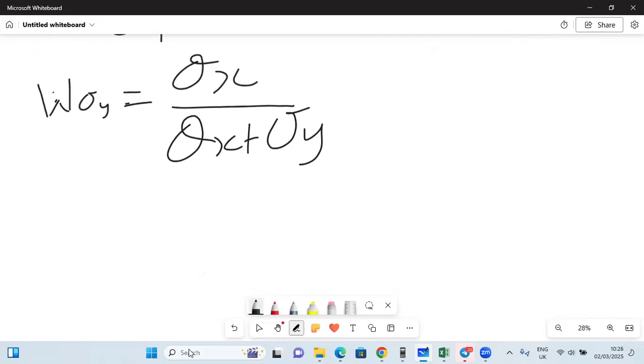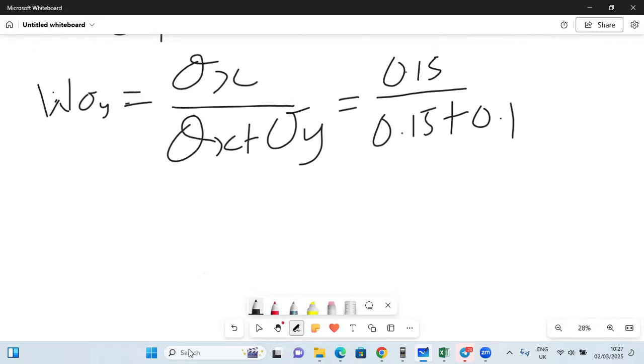So if you want to find y, you use x at the top, and if you want to find x, you use y at the top. Now the standard deviation, as we know, is 0.15 for x, and 0.15 plus the y, which is 0.1. So we are going to get 0.6 for this.